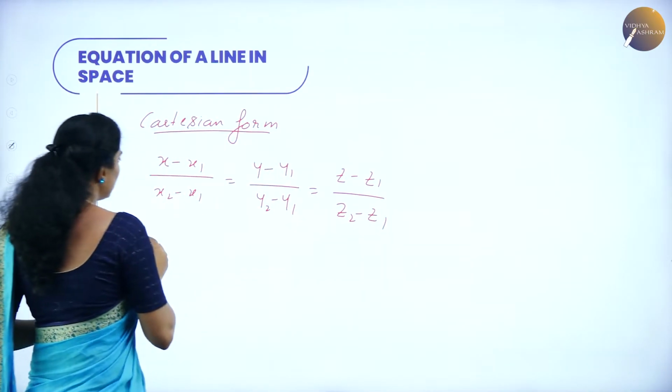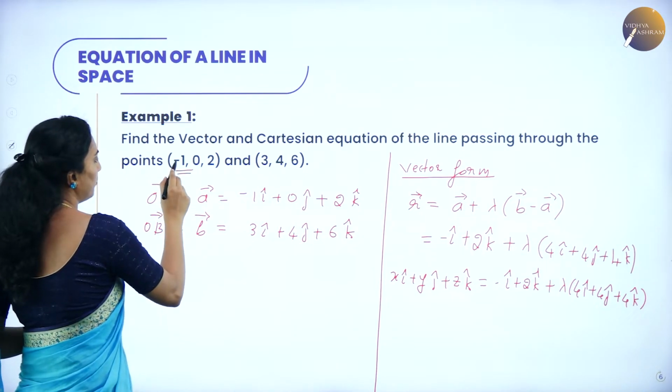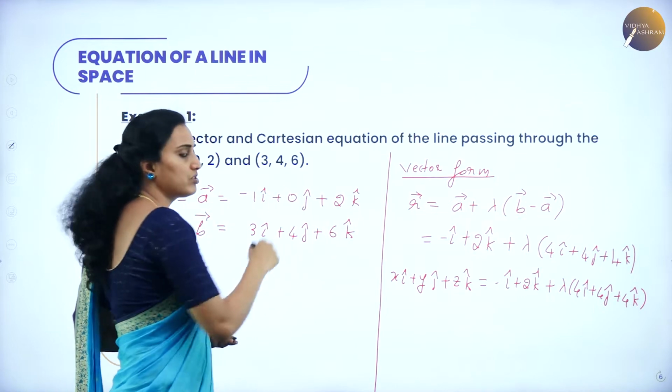Now x1, y1, z1 are these points, minus 1, 0 and 2. x2, y2, z2 are 3, 4, 6.